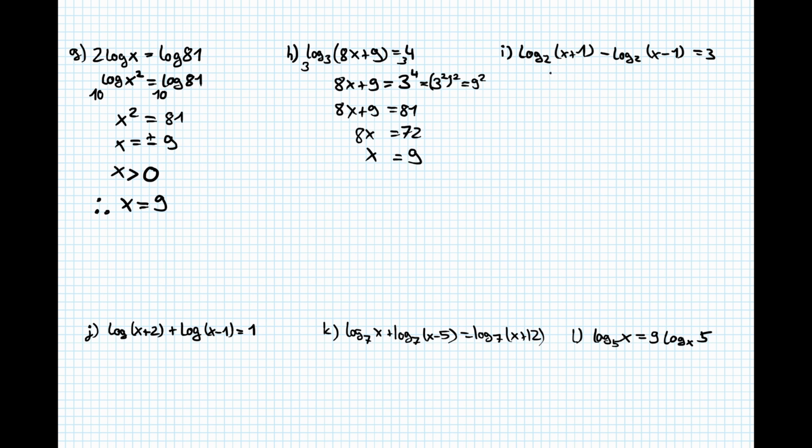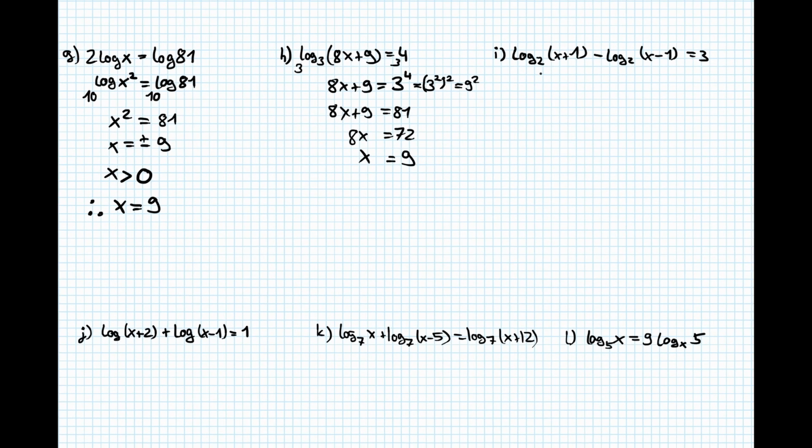Okay. Next example. Here we have both to the base 2, so we can combine these two terms, which will be log base 2 of x plus 1 divided by x minus 1, because of the minus here. And that will be equal to 3. Now we can take both to the base 2. And these two here cancel out again.